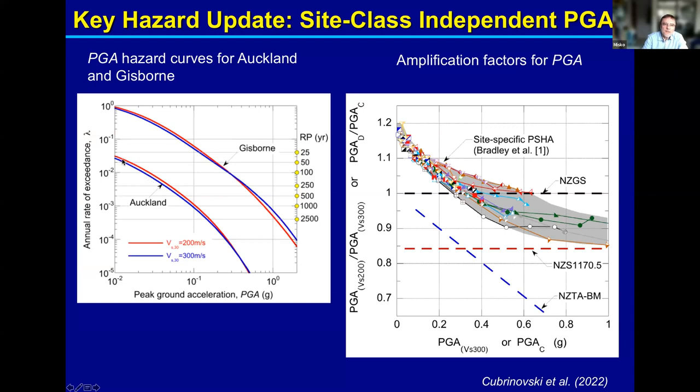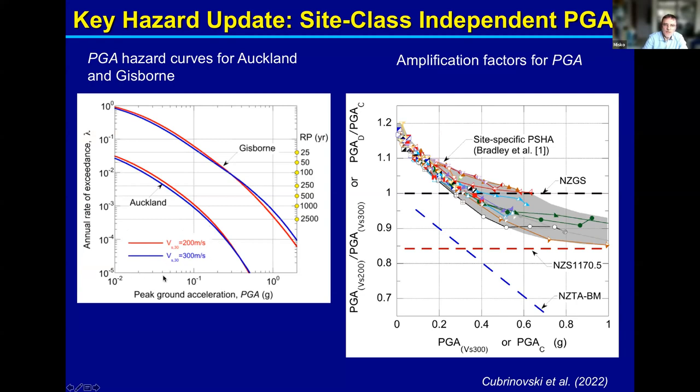For example, you can see that by the way, this is logarithmic plot. You can see that the red line for Auckland is always above the blue line, indicating that this softer site with 200 meters per second is going to be showing slightly higher PGA values, which is consistent with amplification that you would expect for moderate levels of excitation.